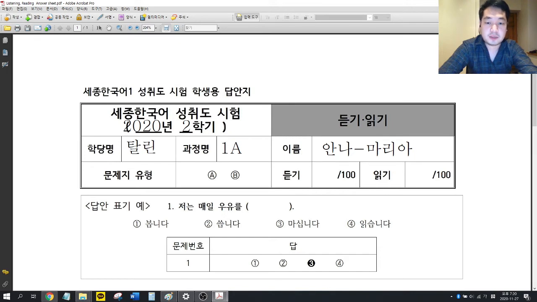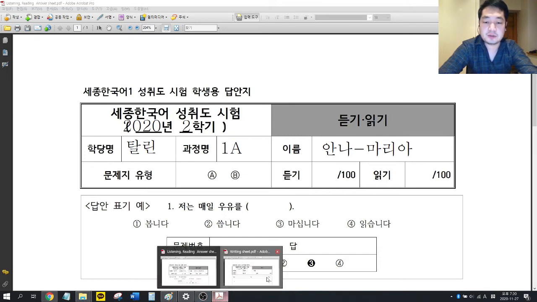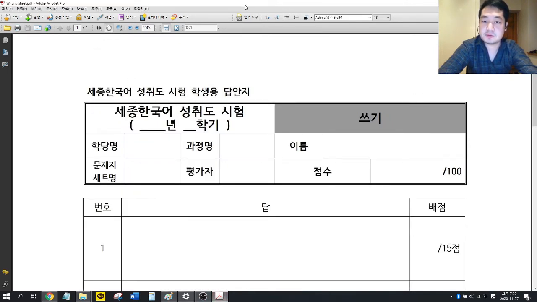Okay. And then let's go to the writing sheet. It's also the same. You start with the year. Here, Tallinn. And then 사정명 here, 1A.